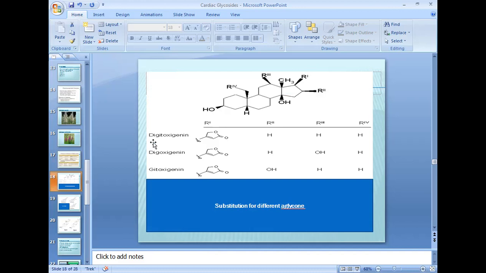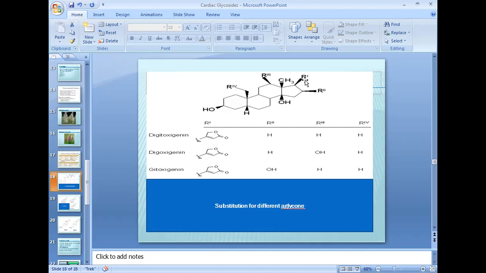In the case of digitoxigenin, and in all these types which belong to cardenolides, there is a lactone ring, which is a 5-member lactone ring attached at carbon 17, which is represented here as R1.